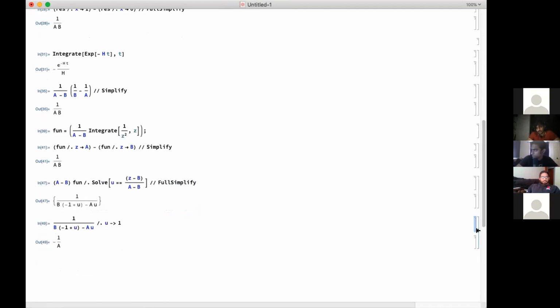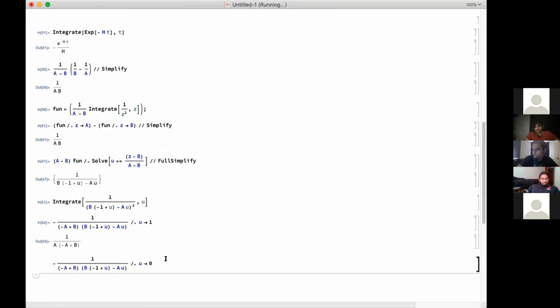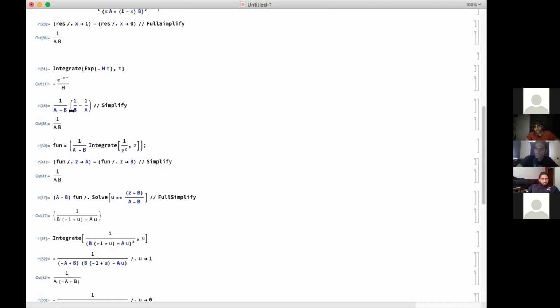So in other words, if we were doing the u integral, I would take this quantity, square the denominator, and then integrate with respect to u. Then I would take the integration bounds, u goes to 1 and u goes to 0, and I would get the result I wanted. This gives us the function here when we subtract the two results.